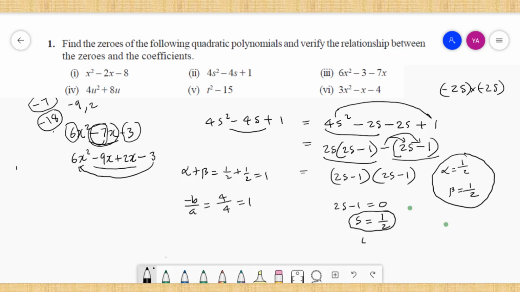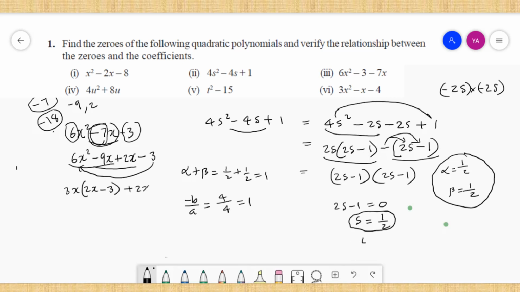Next step, take a common factor from 6x square minus 9x: 3x. 3 is a common factor of 6 and 9, so 3x can be taken outside, and inside the bracket it will be 2x minus 3. Then plus 2x minus 3 again.